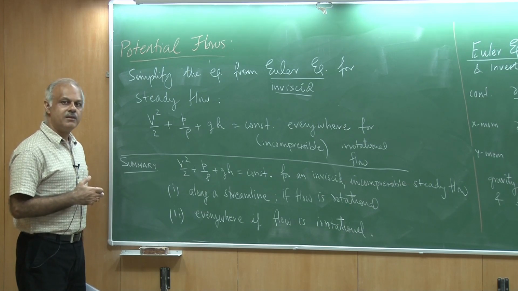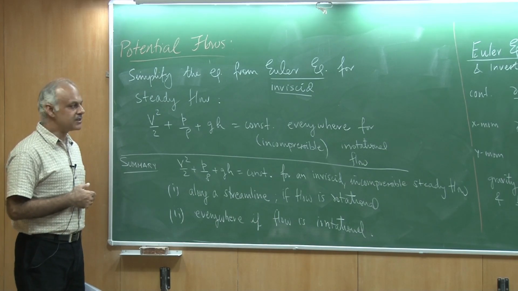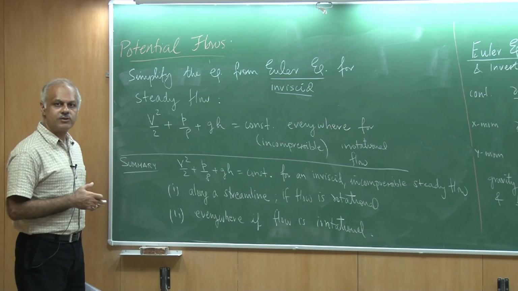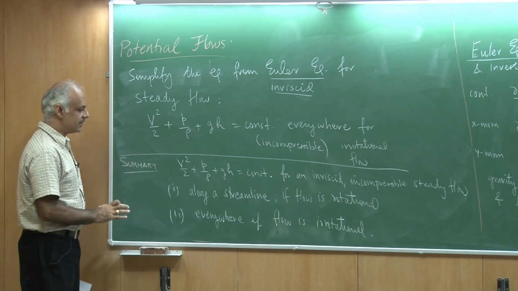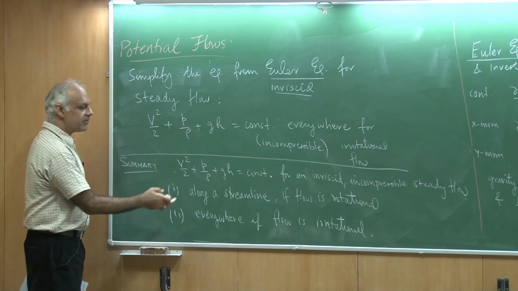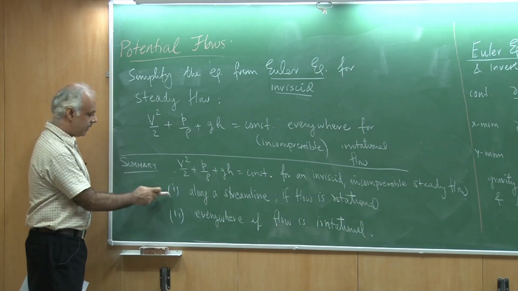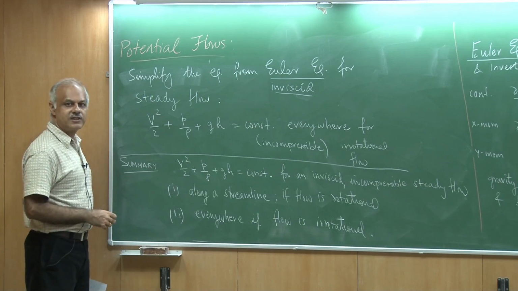So, remember, the Bernoulli's equation is an energy equation, but because we are dealing only with mechanical energy and there is no thermodynamics in the incompressible flows that we are dealing with, we were able to take the momentum equation, the Euler equations, and re-derive the Bernoulli's equation, and that is the summary we have written. So, this is your Bernoulli's equation. You are free to apply it everywhere, any 2 points in the flow, if the flow is irrotational. But if the flow is rotational, then this equation can only be applied along a streamline.